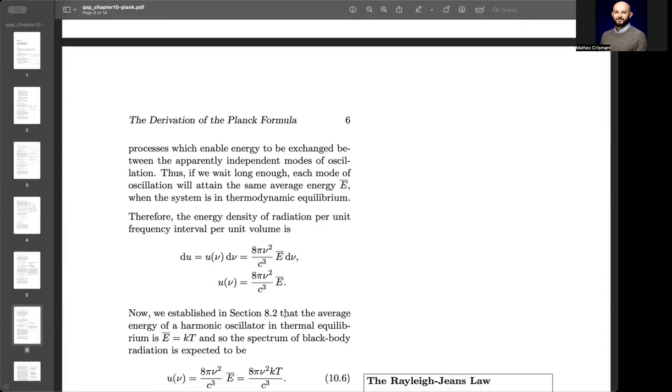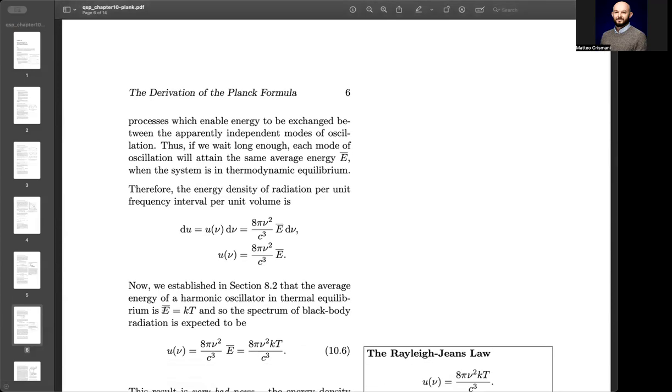So let's look at a harmonic oscillator in thermal equilibrium. We found, not us, but you've found perhaps in another part of either thermal or in 2500, that the average energy for your harmonic oscillator by definition is kT. This is the way that we think about a harmonic oscillator. If I put this definition in here, this is the thermal equilibrium: energy is kT, a representation of temperature as energy.